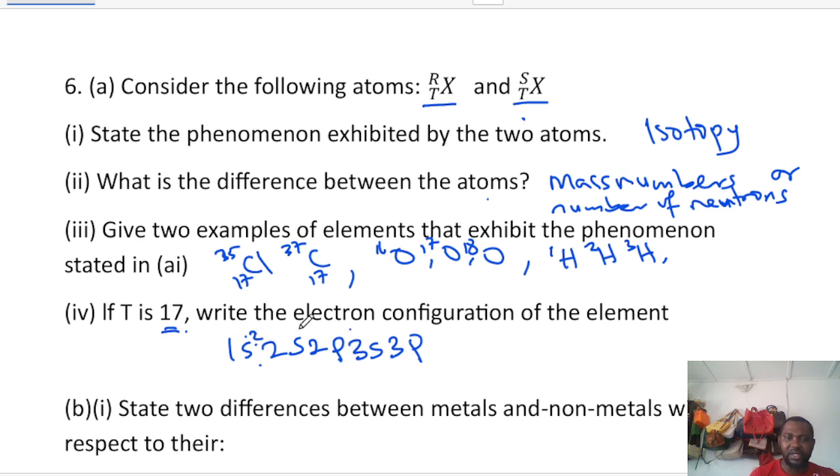So the first two here, 2s2, that makes it 4. 2p6, 4 plus 6, that makes it 10. 3s cannot take more than 2, so 10 plus 2, that's 12. And this is 17, so that means here has to be 5. So this is the answer, the electron configuration for T. And obviously that element is chlorine.